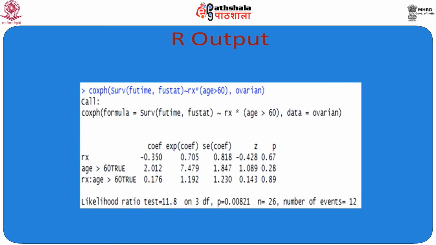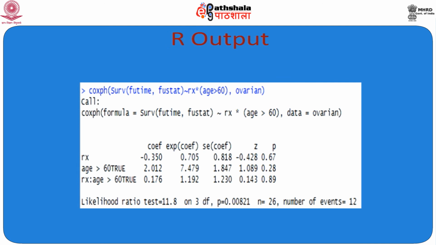For the factor age, those having age more than 60 years, the coefficient is 2.01 with exponential of coefficient 7.47 and p value 0.28.